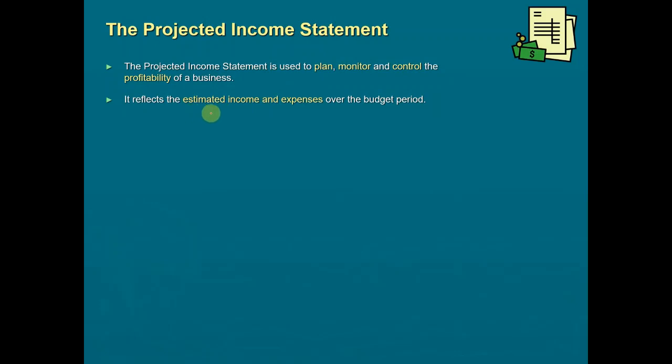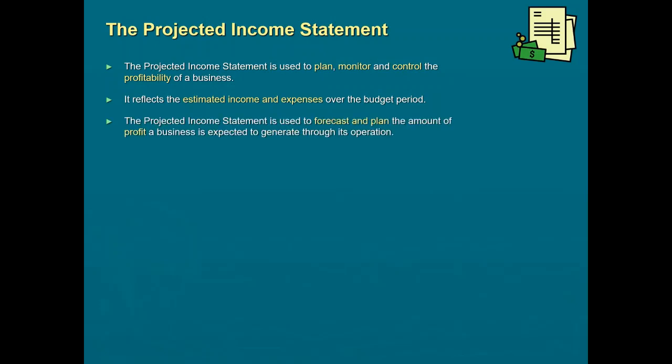It reflects the estimated income and expenses over the budget period, whether that period is a month, a quarter, a year, 6 months, etc. The projected income statement is used to forecast and plan the amount of profit a business is expected to generate through its operation.